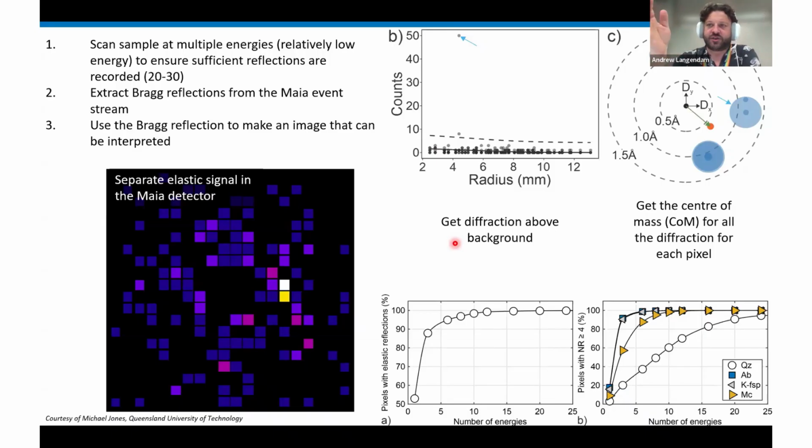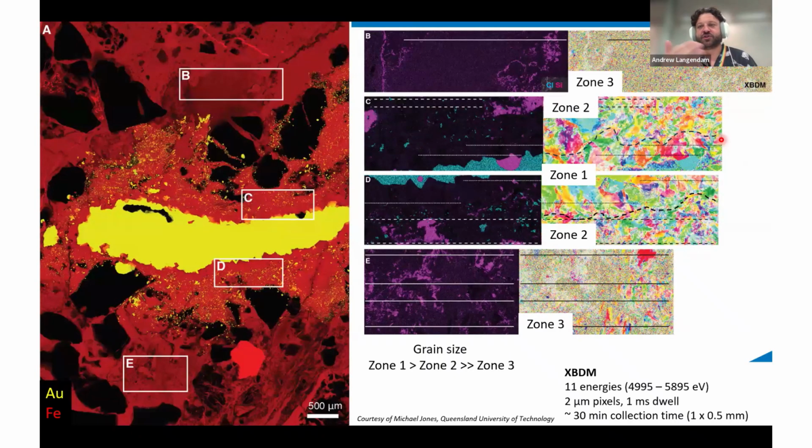So this means that you can work out where they are in angular space around the detector, work out how far away they are so you can relate them loosely to different minerals, but then generate centers of mass and then build an orientation map from this data. And that means you can do some things like this.